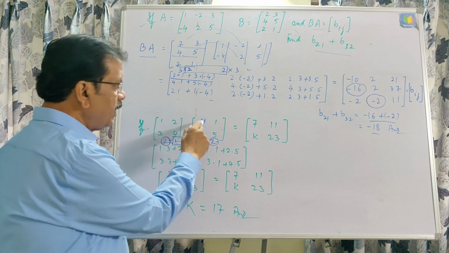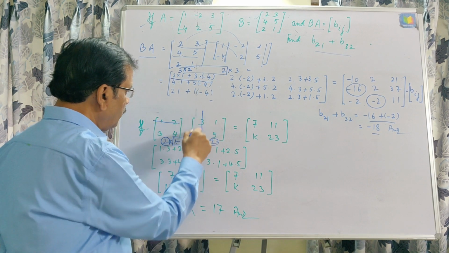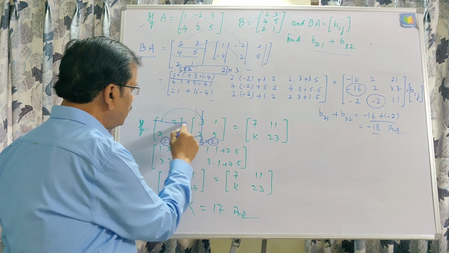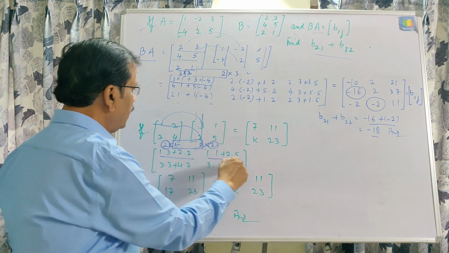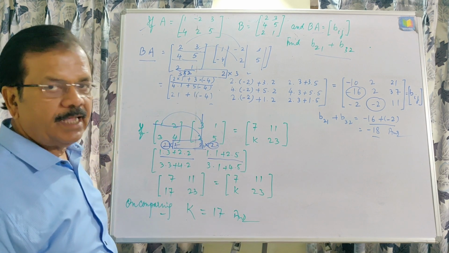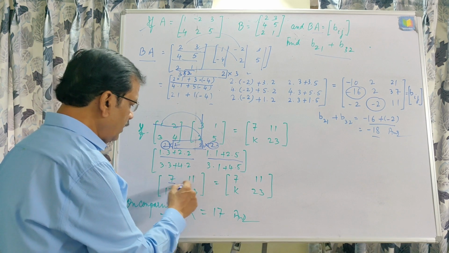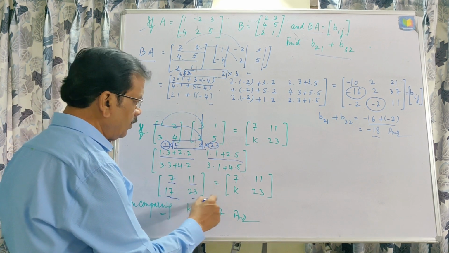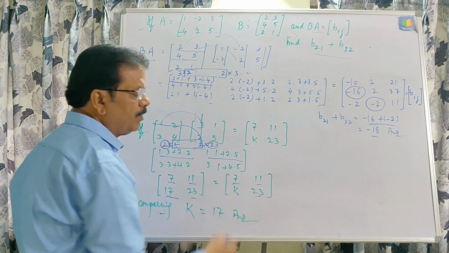Now corresponding elements: first row, first column, corresponding elements multiplied and added. First row, second column, corresponding elements multiplied and added. After multiplication we are getting here 7, 11, 17 and 23. On the right it is already given 7, 11, k and 23.